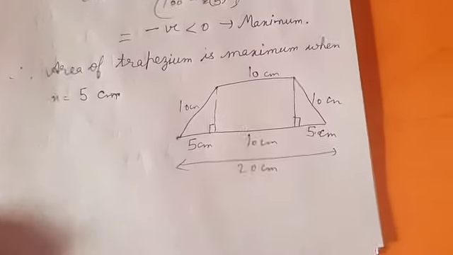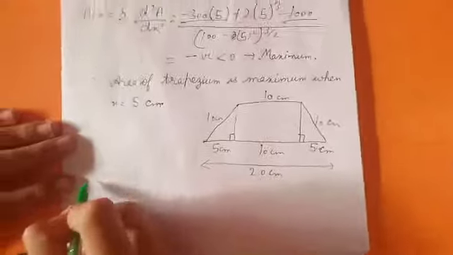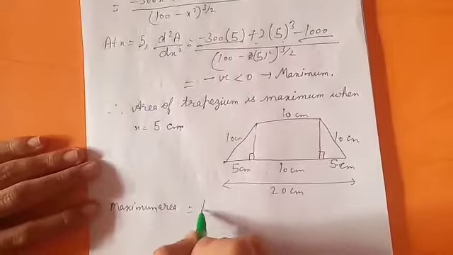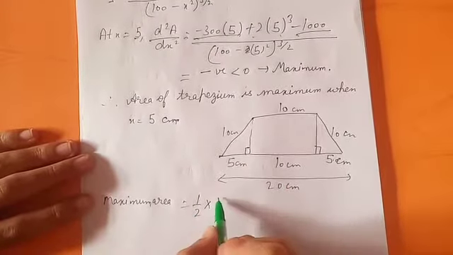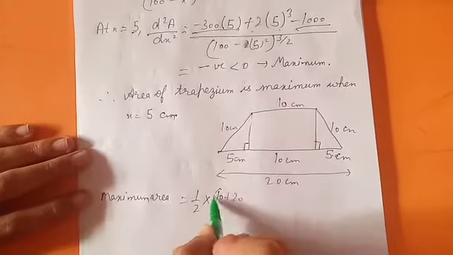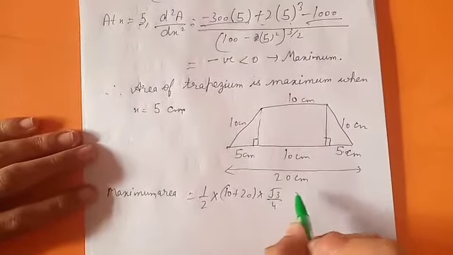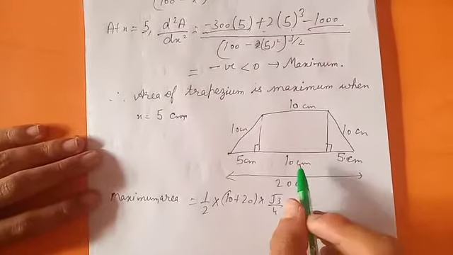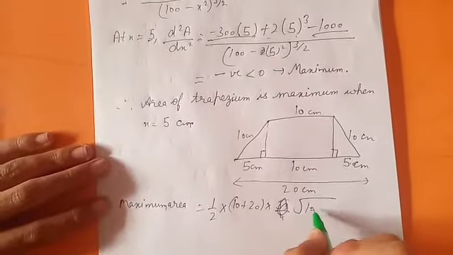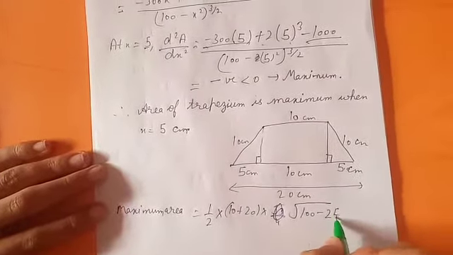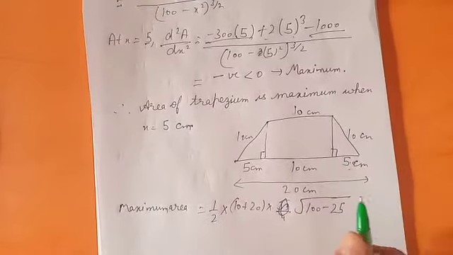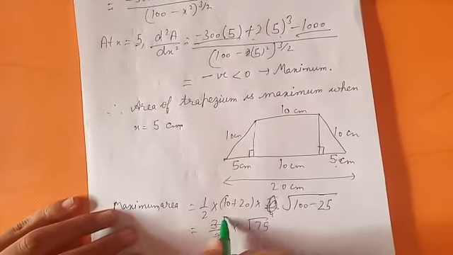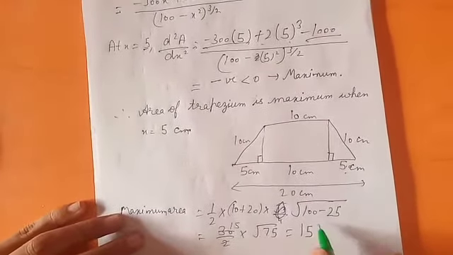Now we have to find the value of maximum area, and maximum area is 1 by 2 into sum of parallel sides, that is 10 plus 20, into root 3 by 4 into height, and our height was under the root 100 minus 25. 25 here is square of 5, so we get 30 by 2 into root 75, that is 15 root 75.